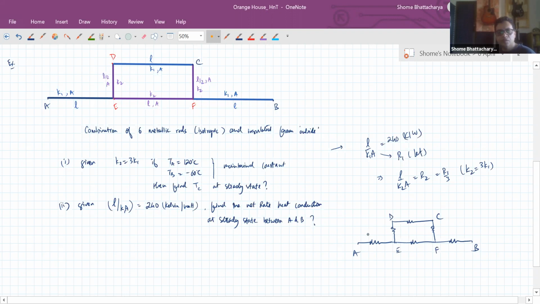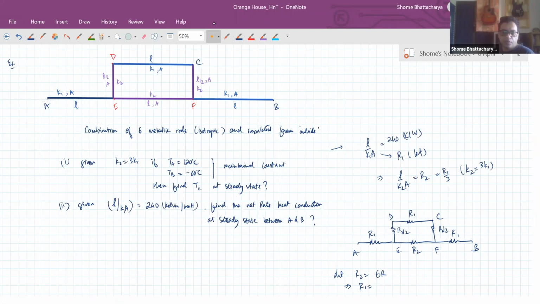Now in this circuit, these resistors are R1, these three, okay, whereas this resistance is R2 and this is R2 by 2, because the length is also half. Okay, so what we can do is we can take R1 as 6R.